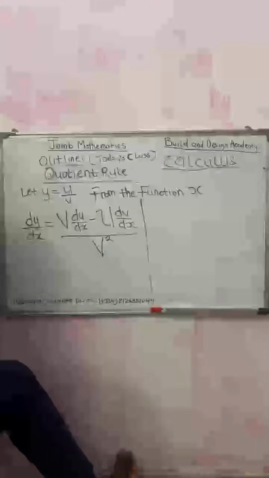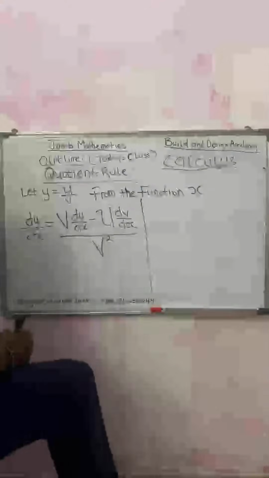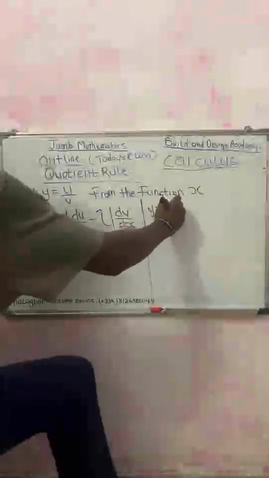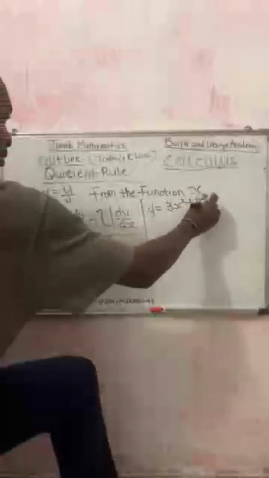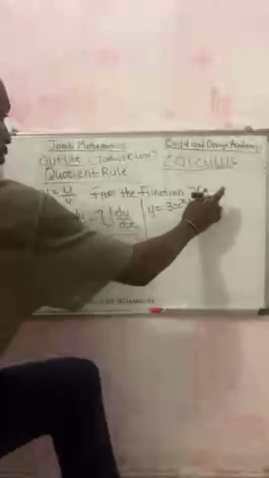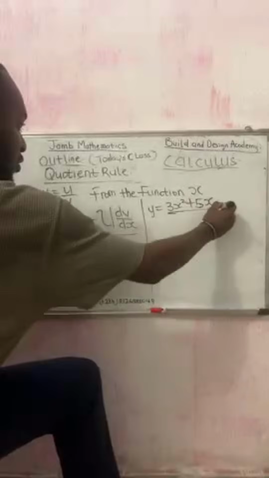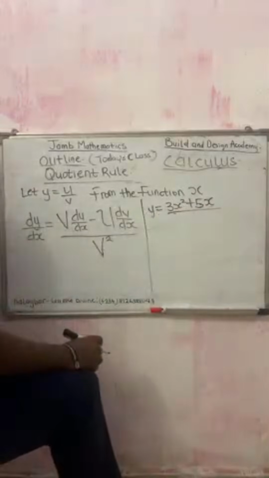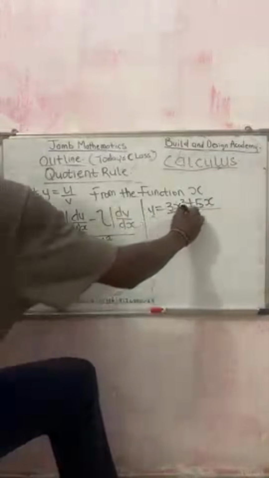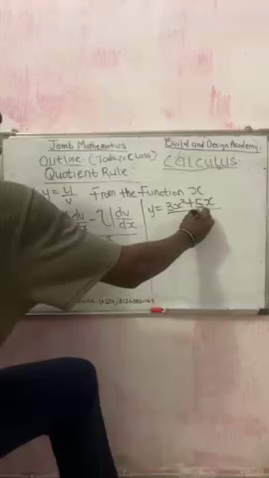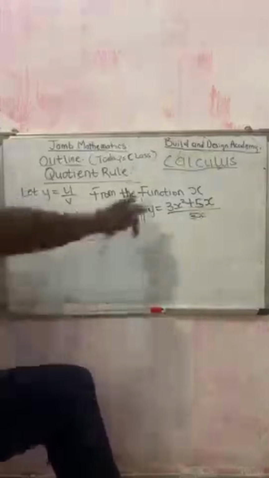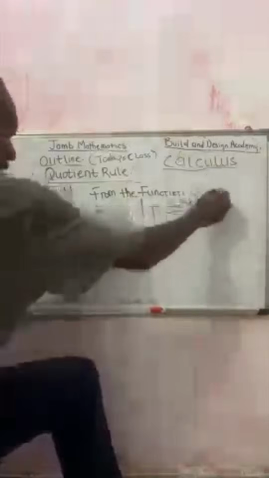Now from the quotient, y is equal to 3x squared plus 5x all over 3x. We're given this as our function, and I told you that y is the same thing as f of x.